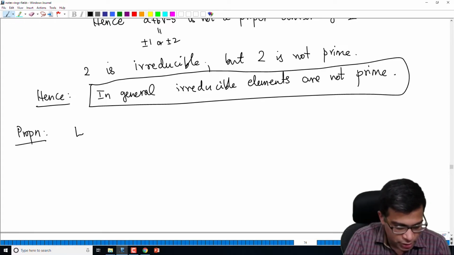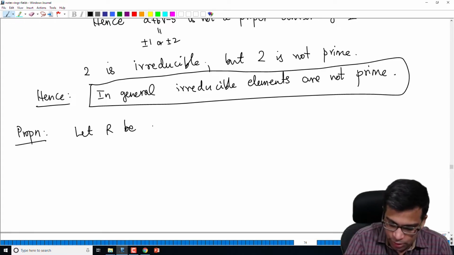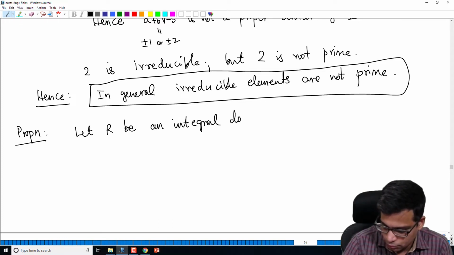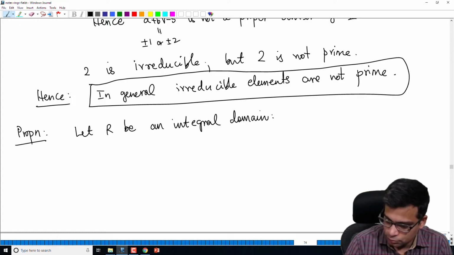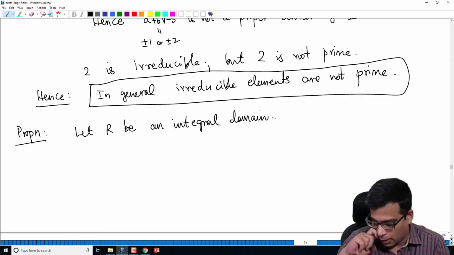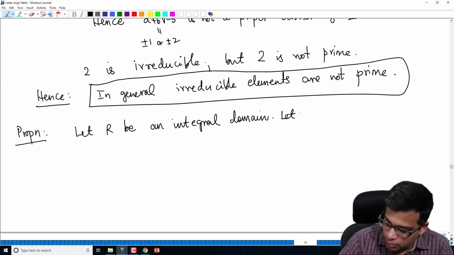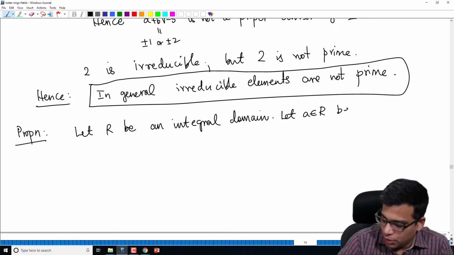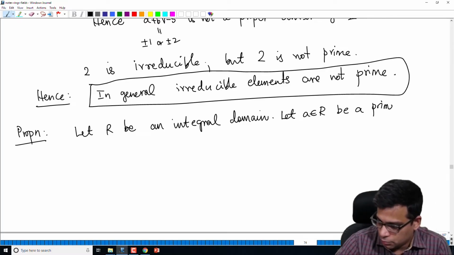Let me prove this. Let R be an integral domain and let a in R be a prime element.